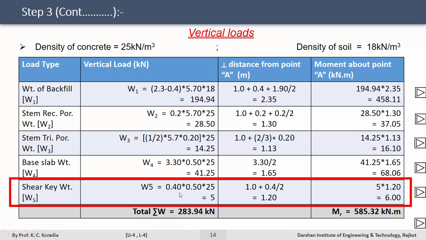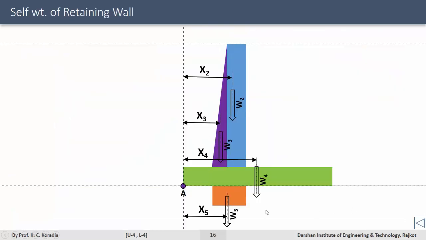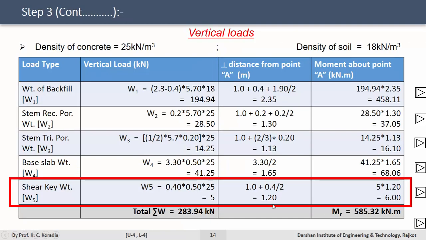Therefore 0.4 meter is the width, 0.5 meter is the depth, into density will give a 5 kilonewton weight in a vertical downward direction, and its distance from point A will be equal to 1 meter toe width plus 0.4 divided by 2, that's a rectangle CG, which gives 1.2 meter, and multiplication of this 5 and 1.20 gives 6 kilonewton meter, which is the moment about point A.